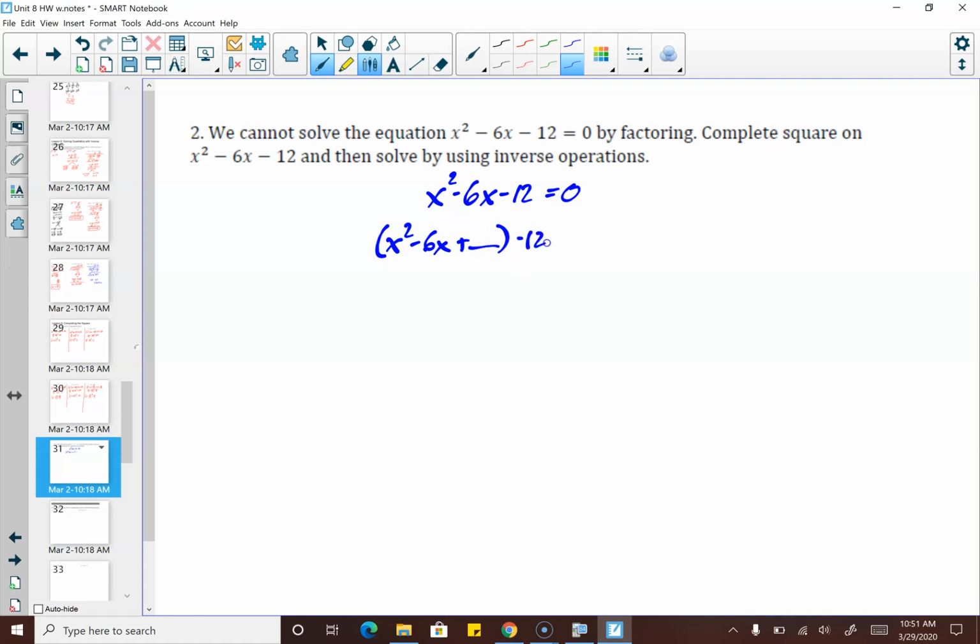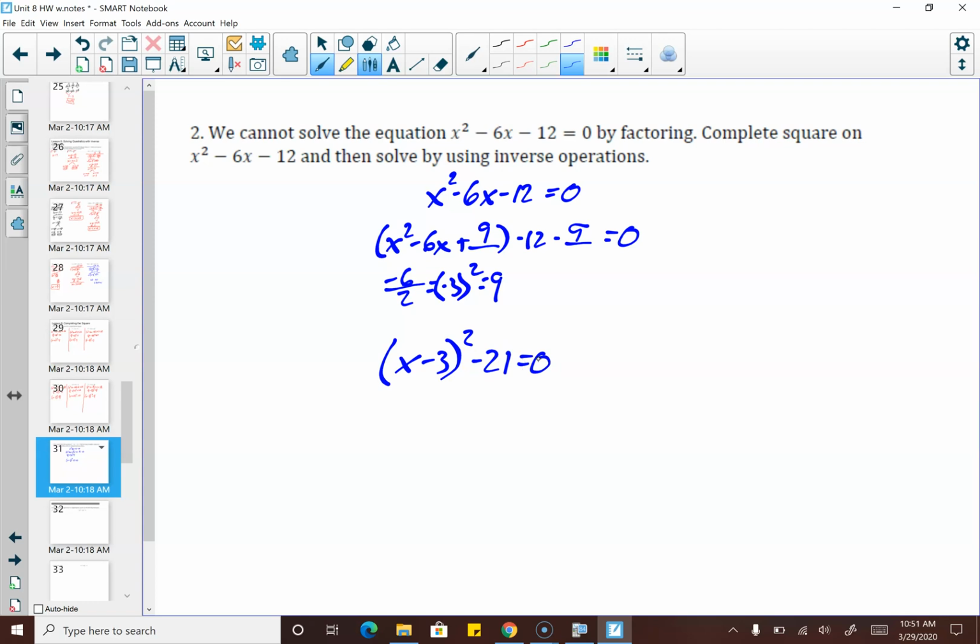So we add our plus a line and our minus a line. So negative 6 divided by 2 is negative 3. Negative 3 squared is 9. So now we have x minus 3 squared. Negative 12 minus 9 is negative 21. So now we're set equal to 0.